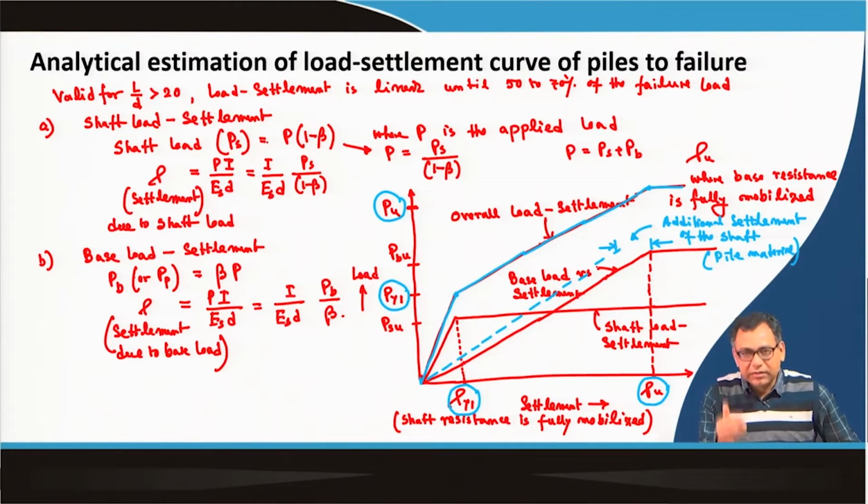That means once the compression of the soil due to the tip load is over, then only the compression of the pile will take place, unless there is a complete slip between the soil and the pile, or there is a settlement of the pile due to the deformation of the soil.